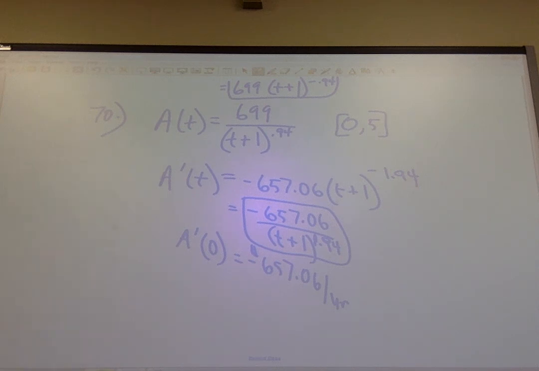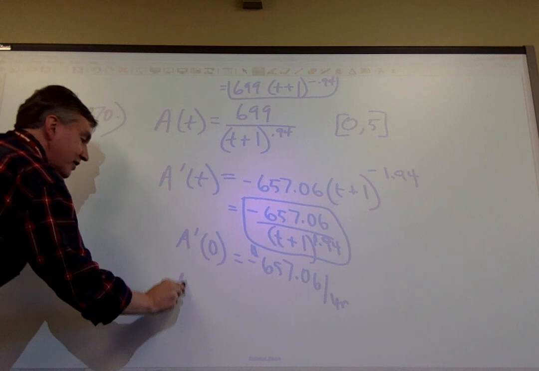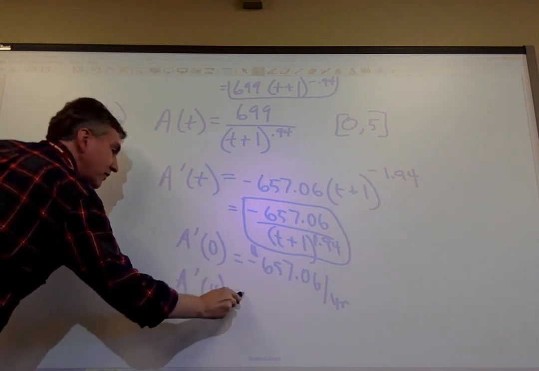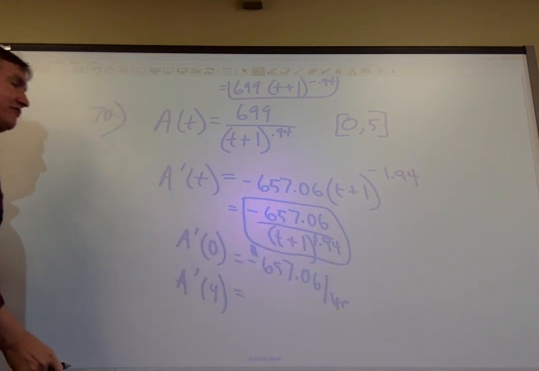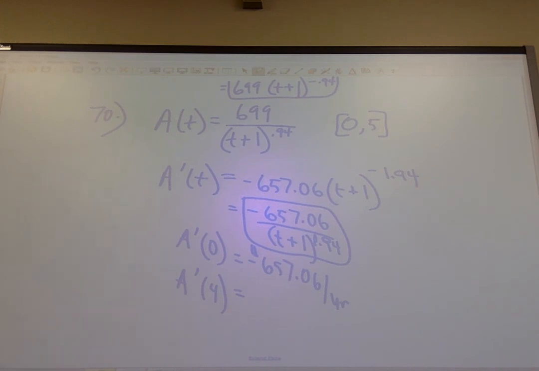Well, let's see. What was the next value? It said 2006, so that would be year 4. Let's do that. If you plug in 4 into the derivative, that would be 5 to the 1.94. Let's try that.